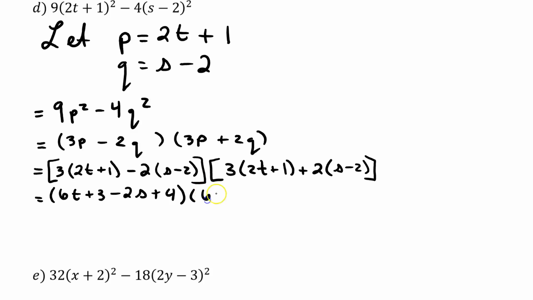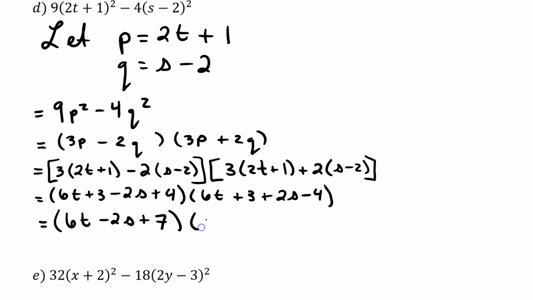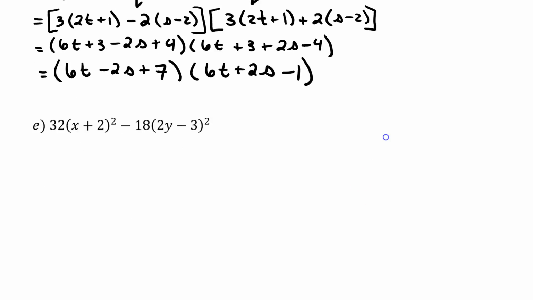So then I have 6t plus 3 plus 2s minus 4. And now I'm going to clean up those constants. So 6t plus 2s minus 1. Great. All right, one more.